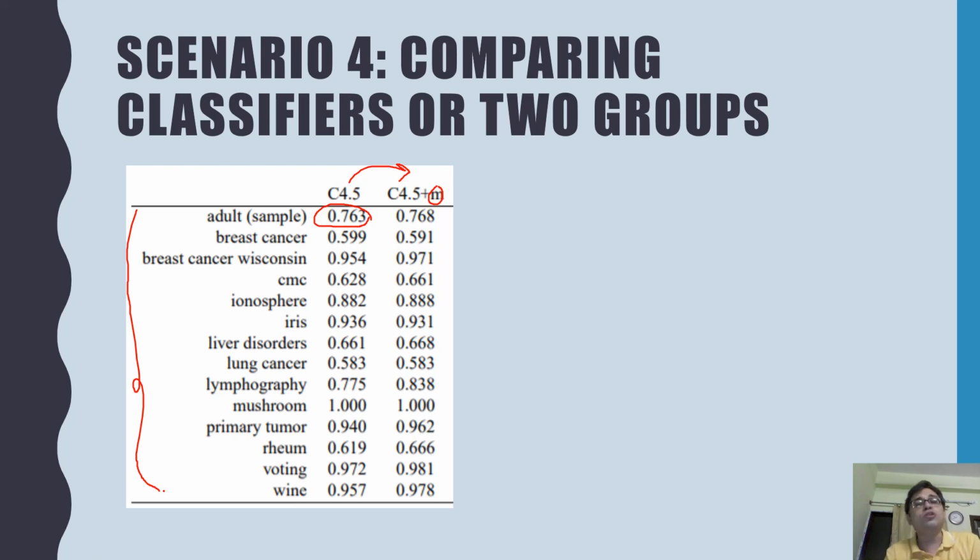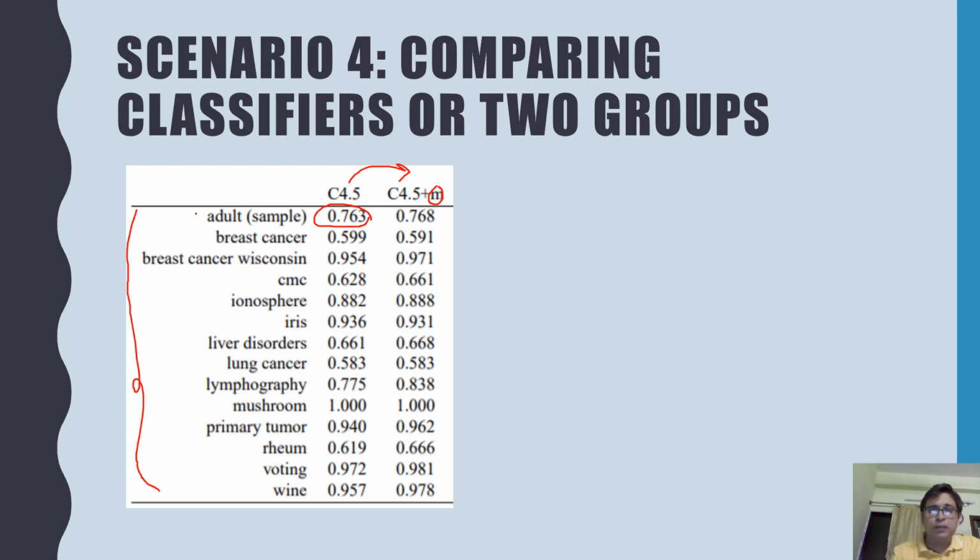So for this also you can use a t-test. However, there is one small difference from what we discussed on the two-group t-test earlier. Here you are using the same set of data sets, or the same set of observations. Earlier, when we were comparing between hit and flop, we were comparing different sets of movies. However, here we are comparing the same set of data sets.